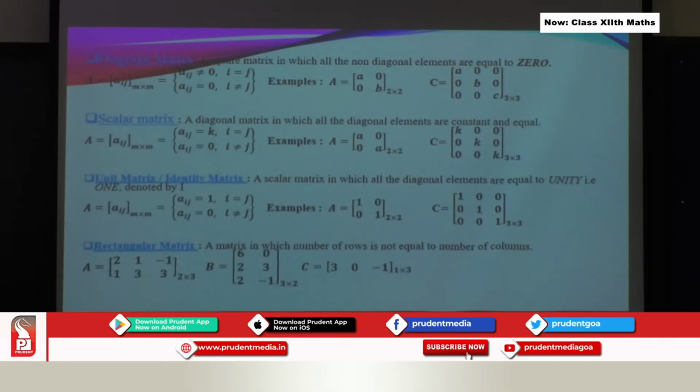Diagonal matrix. Just now I explained to you which are the diagonal elements. So over here we talk about diagonal matrix, a square matrix in which all the non-diagonal elements are equal to 0. If you understand this, it is very simple.